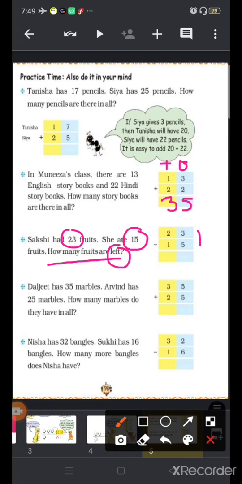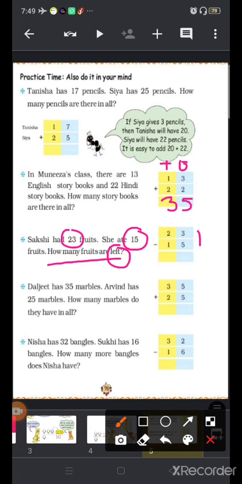Because 5 is bigger than 3. We cannot subtract a bigger number from a smaller number. So what shall we do? We'll take one from its neighbor.